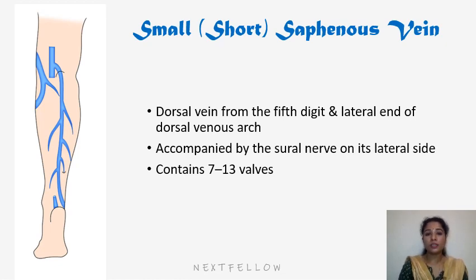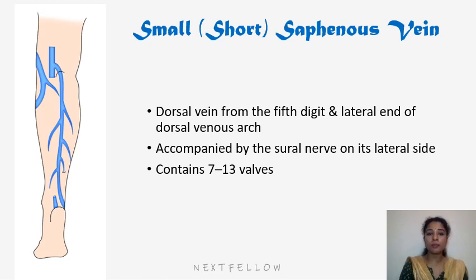Then it is present on the lateral aspect of the foot, inferior and posterior to the lateral malleolus. Remember, the great saphenous vein is anterior to the medial malleolus, while the short saphenous vein is inferior and posterior to the lateral malleolus.